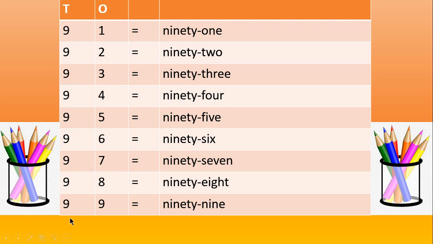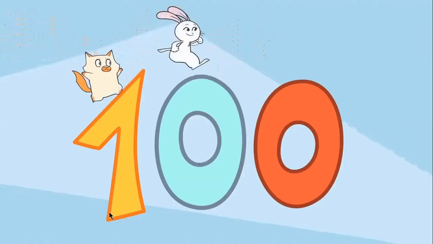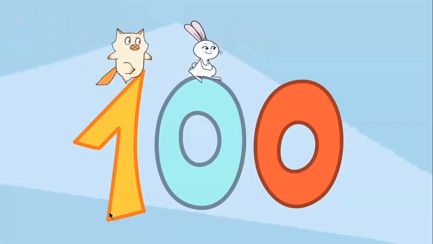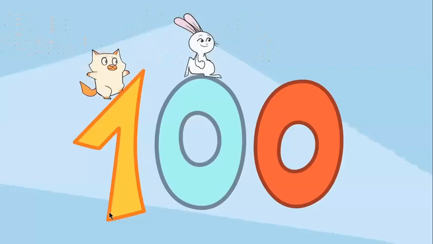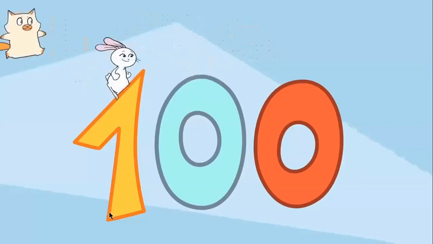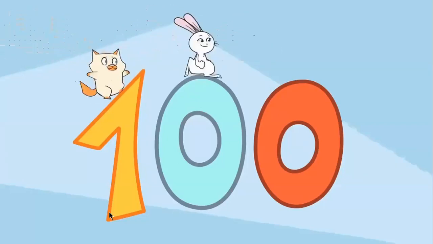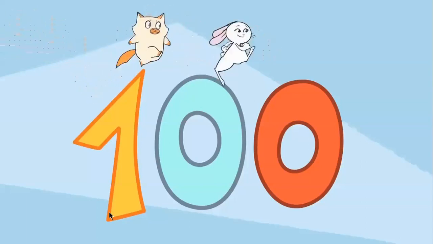But what comes after 99? Do you know that? Let's find it out. It is 100. Which number is it? It is 100 and it is a three-digit number.